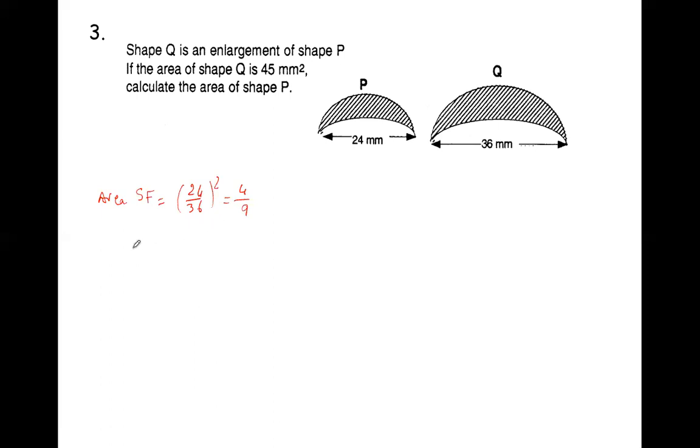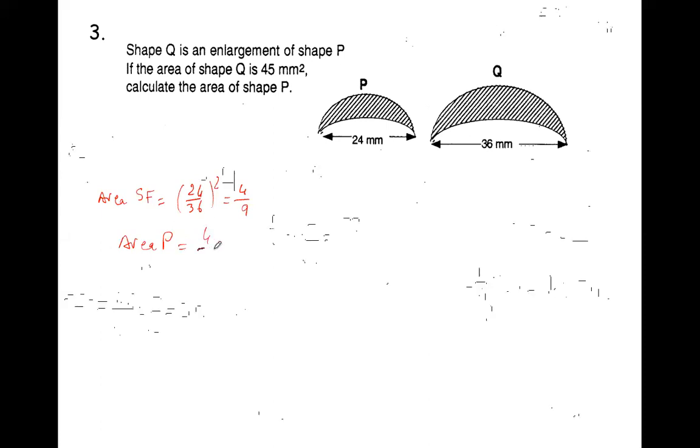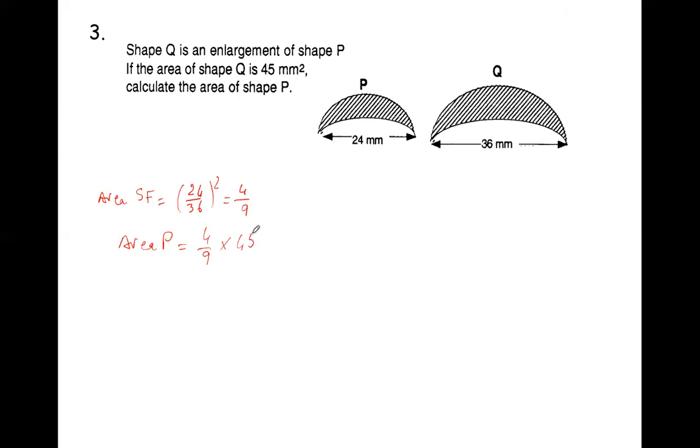Now to find P, it's just 4 divided by 9 times 45, and that is just 20 millimeters squared.